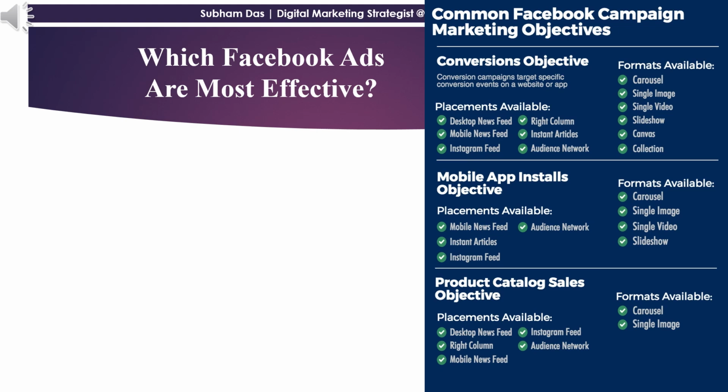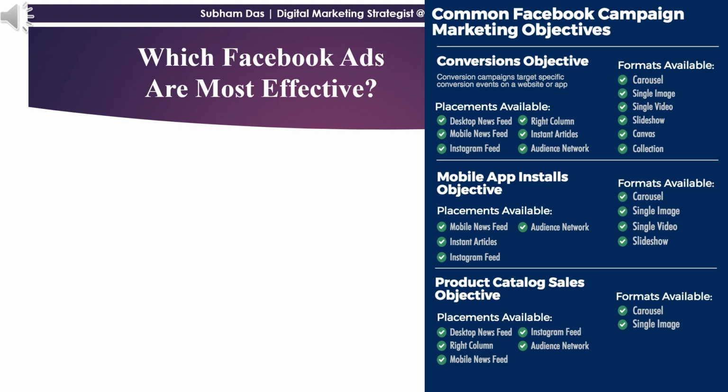If you want product catalog sales, if that is your objective, then you have something like a carousel ad or a single image ad, and they will show up in the desktop news feed, the right column of Facebook, and the mobile news feed. It will also show up in the Instagram feed and audience network.